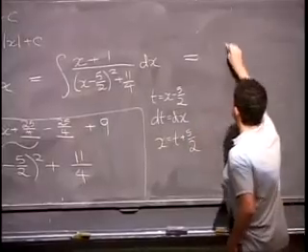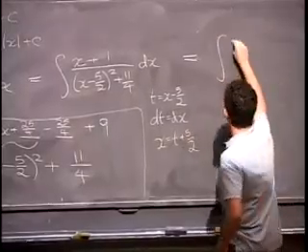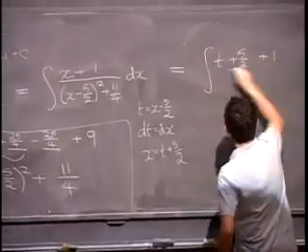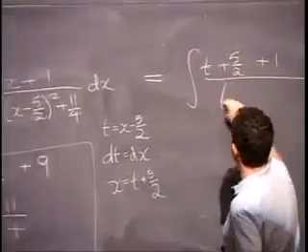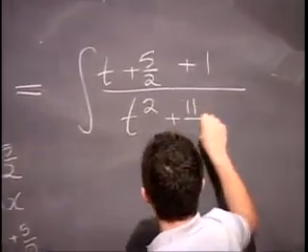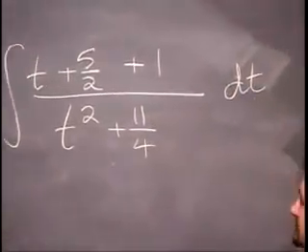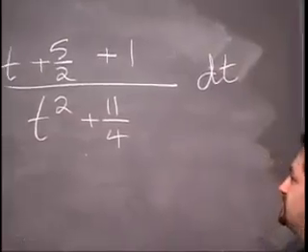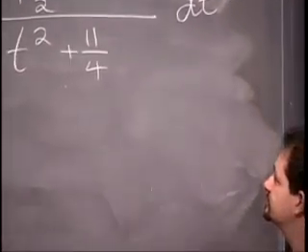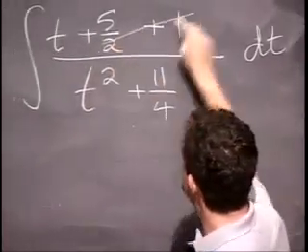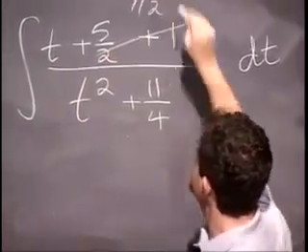And so this integral becomes x is t plus 5 halves plus 1 over t squared plus 11 over 4. And dx is the same as dt. Very similar to the previous problem. The only thing that I'm motivated to do is group these together and write 7 halves.